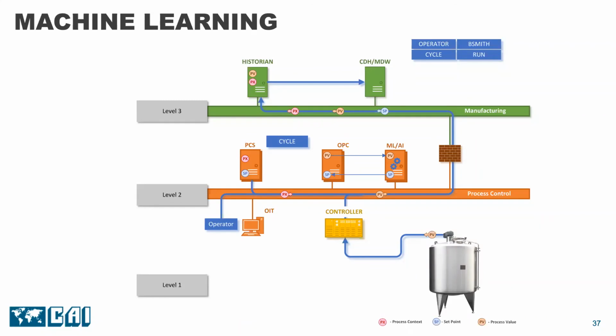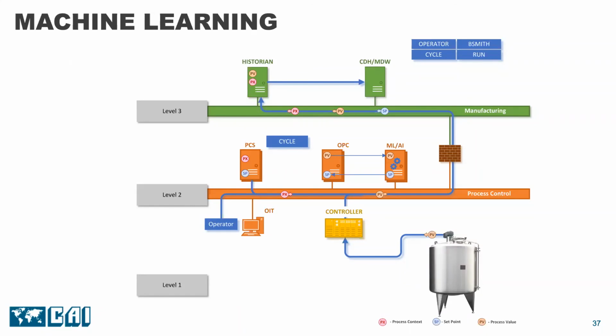Machine learning is also breaking into our industry in another way and is supporting process control strategies that will optimize the manufacturing process in a way that standard control strategies cannot. In this diagram, we have an ML solution deployed at level 2, which is directly managing the process.